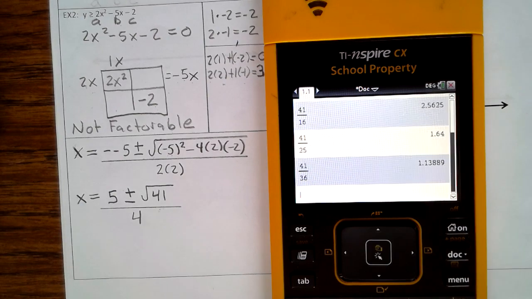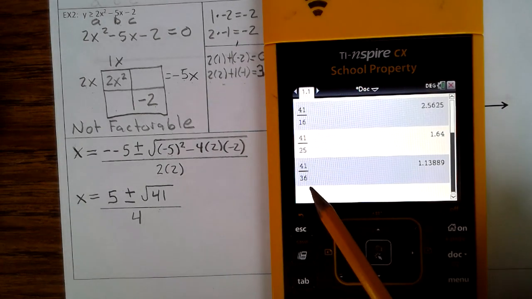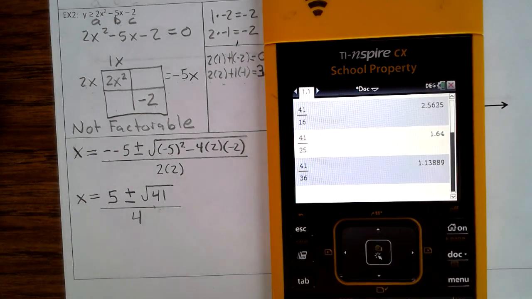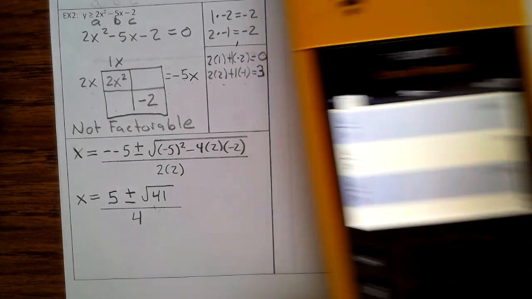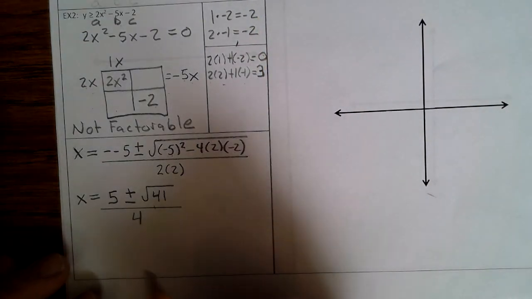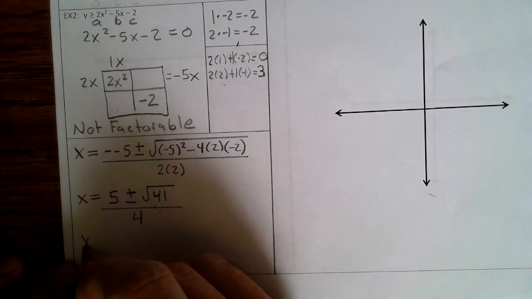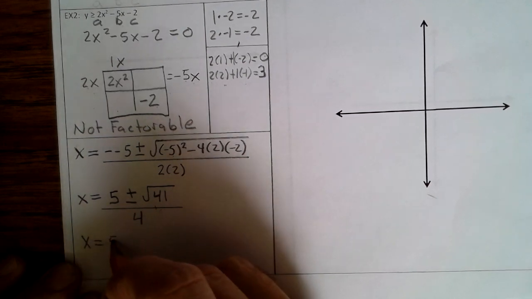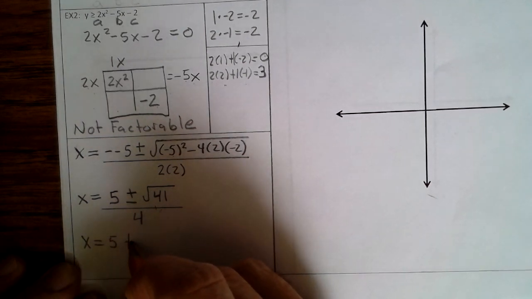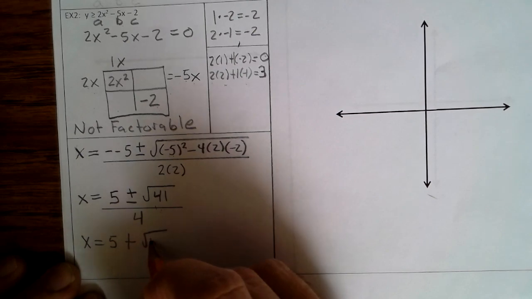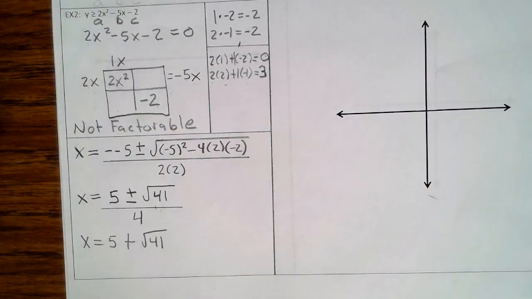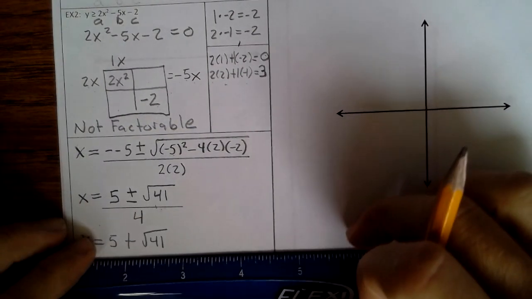You can see here that 41 is not divisible by any of the perfect squares, so we're just going to have to leave that as the square root of 41. Okay, so then x equals 5 plus the square root of 41 divided by 4.